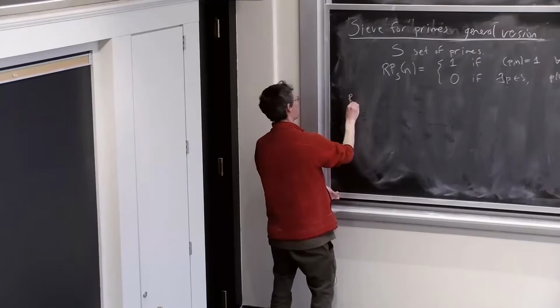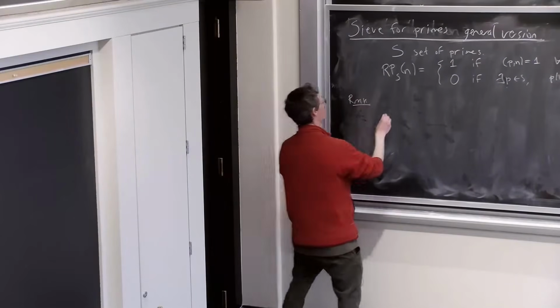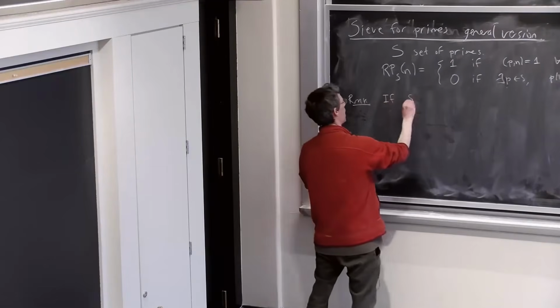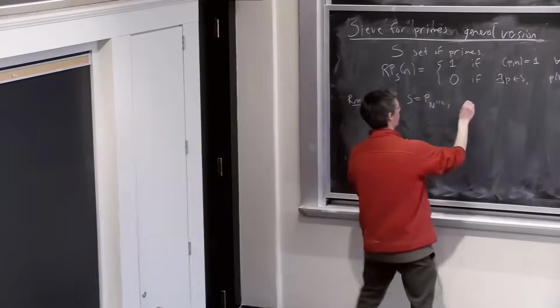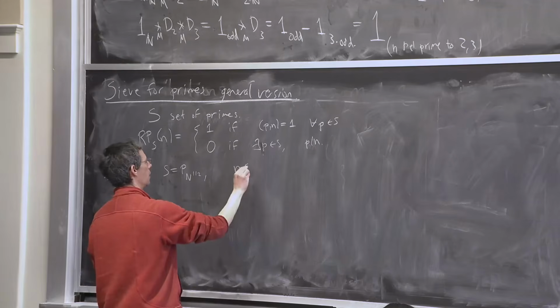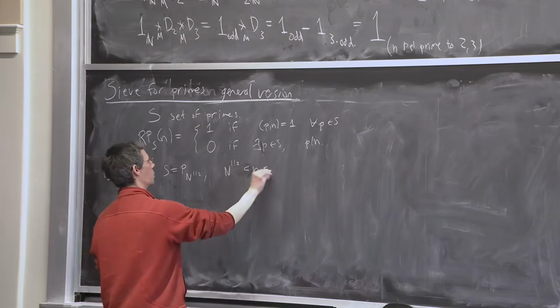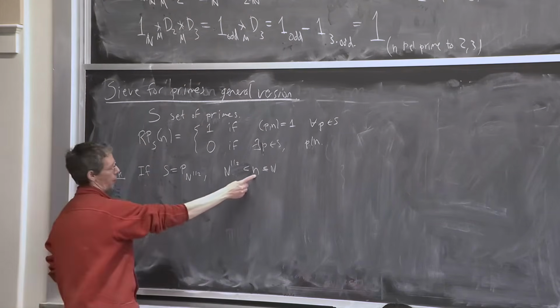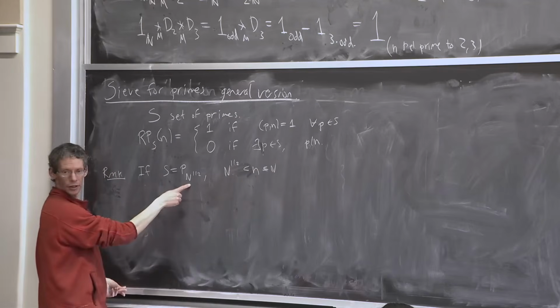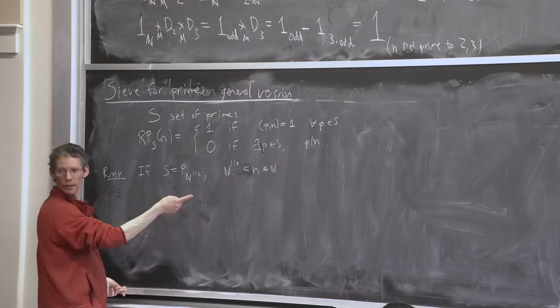All right, so let's make a remark. So if S is the primes that go up to the square root of n, and little n is, let's say, bigger than the square root of n, but at most n, then either n has a prime factor from this list, or it is prime.